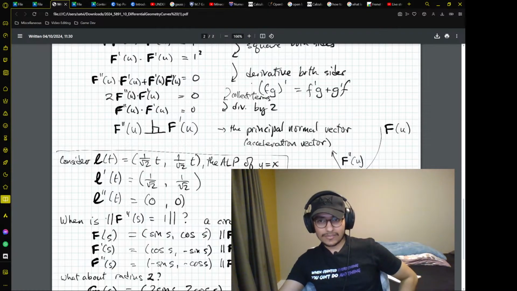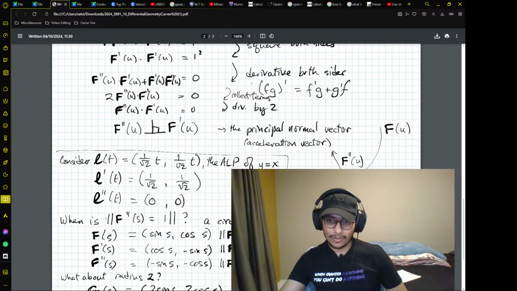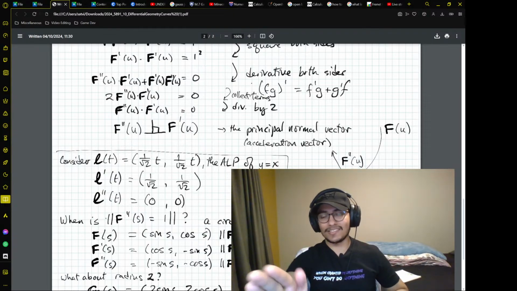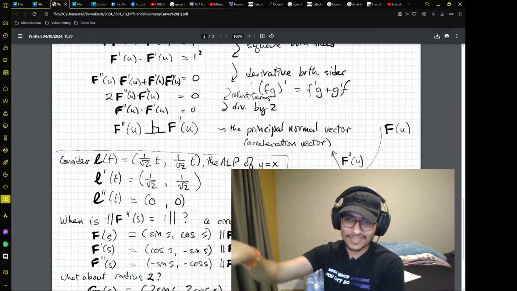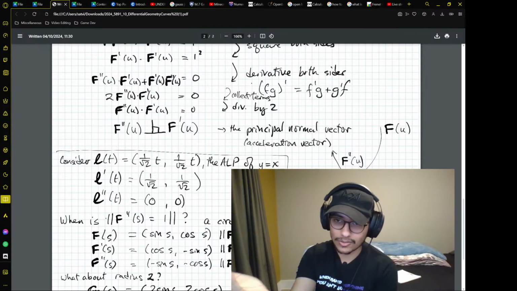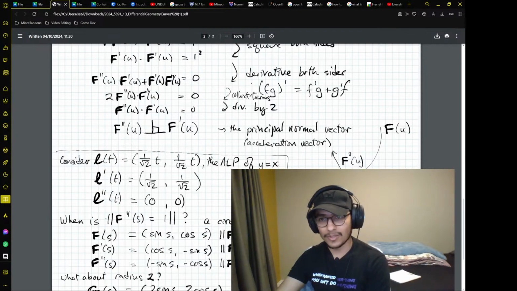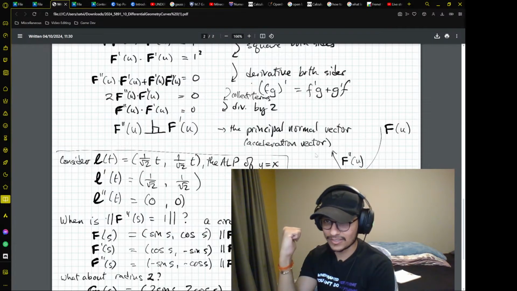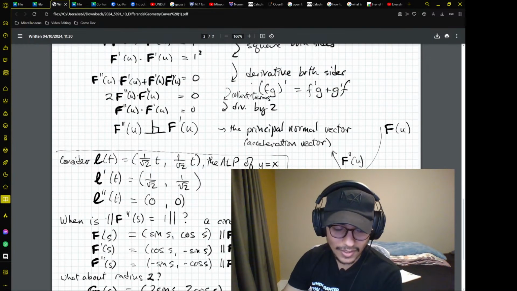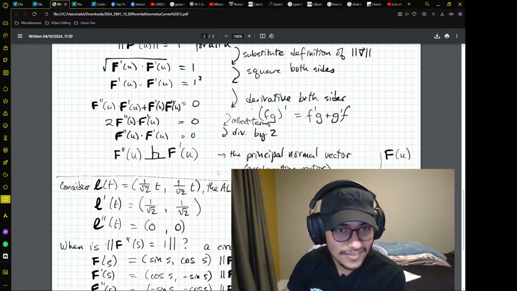This orthogonal axis will always stay with the object locally. If the object is rotating along the curve, the orthogonal axis will change accordingly, and as long as you have the velocity and acceleration, you can find the third vector by doing a cross product, and you have the axis.